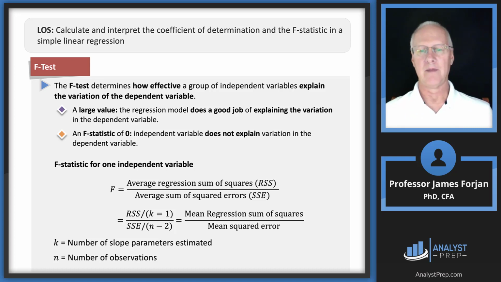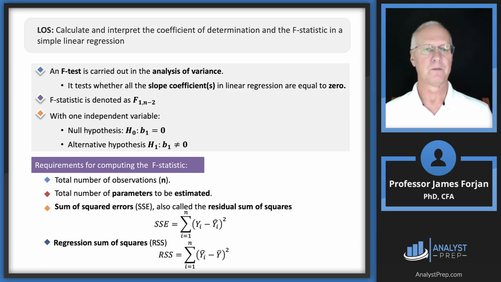But let's make sure we distinguish between k and n. k is the number of slope parameters to be estimated. In our example we have one independent variable, so k is 1. But remember, in multiple regression you can have 2 or 10 or 500 if you really want to. And n is the number of observations.